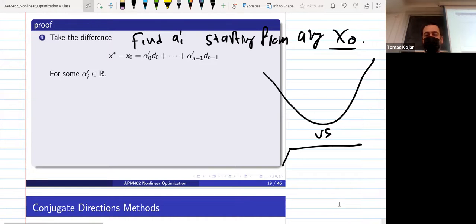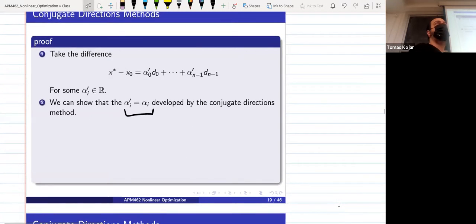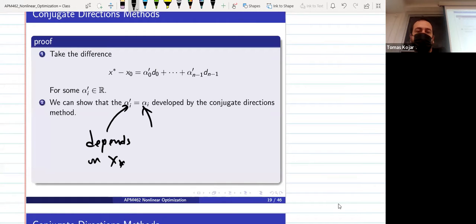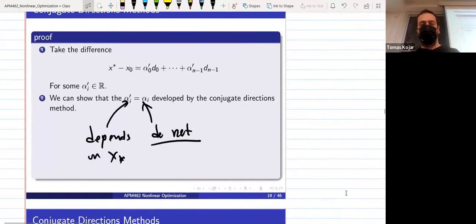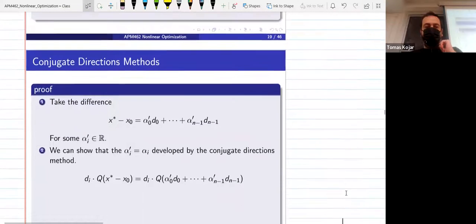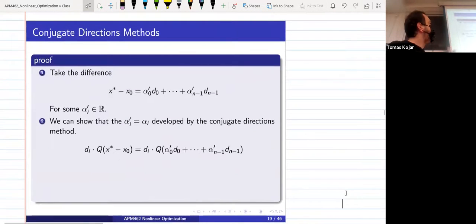We will prove that it doesn't matter. This guy depends on x star; this guy does not. A priori you don't know the minimizer. If we knew the minimizer, why do this numerics? It's pointless. So we're going to prove that you don't have to know the minimizer. All right, let's go.